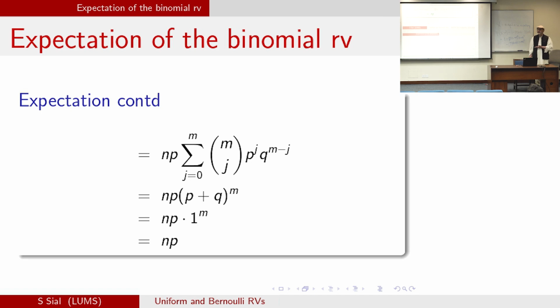So that's kind of intuitive, right? If I flip a coin 100 times, what's the expected number of heads? 50, right? This is n times p here, except we're allowing the coin to be unfair also.